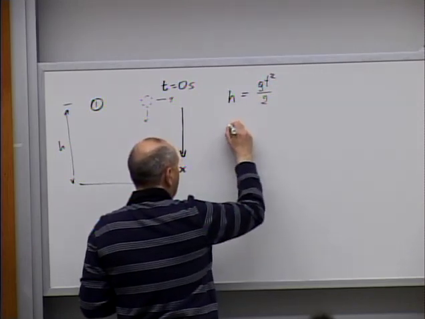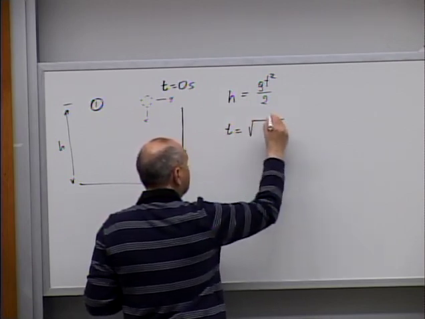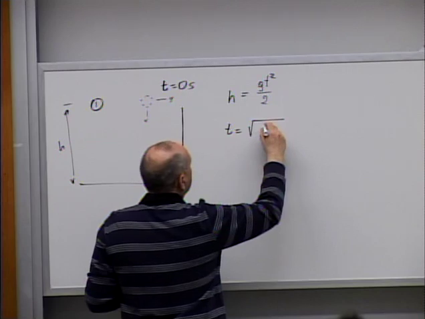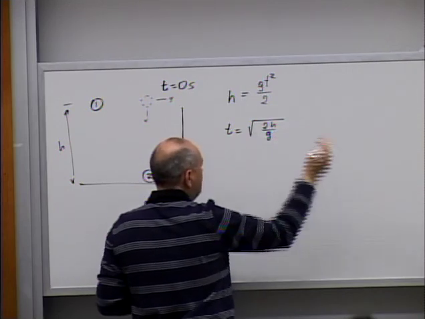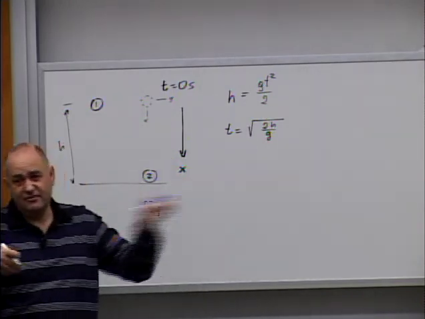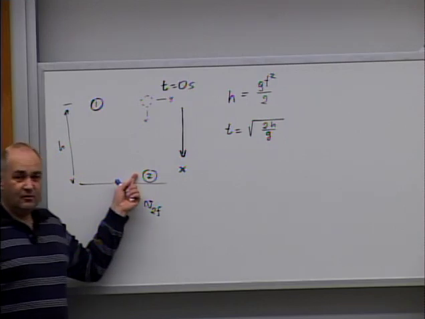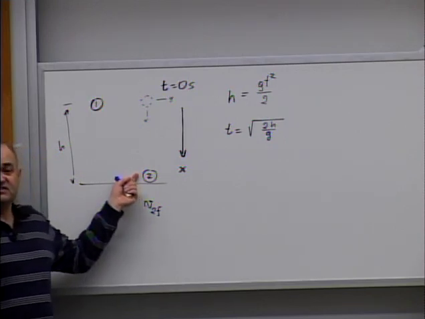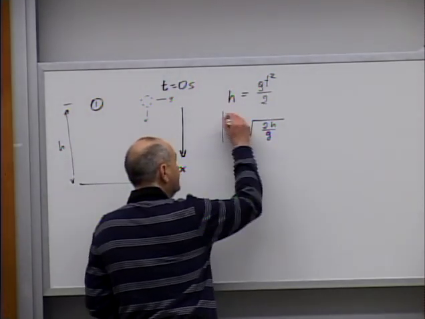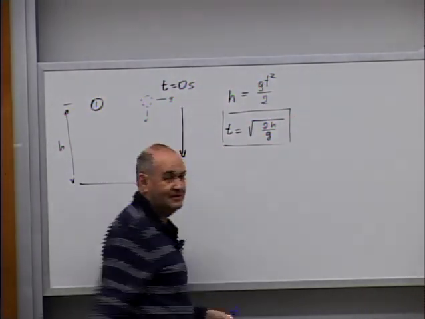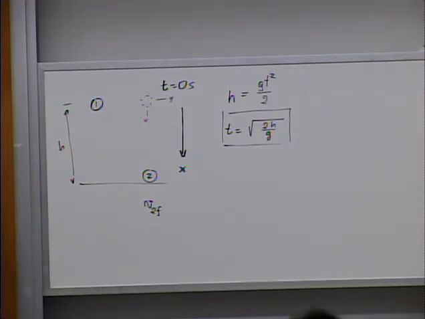So from that I find that time is equal to the square root of 2h over g, right? So now I have converted it to time dependence. I know at what instant I'm interested. So if I already know this information, I can solve the problem using Newton's second law.